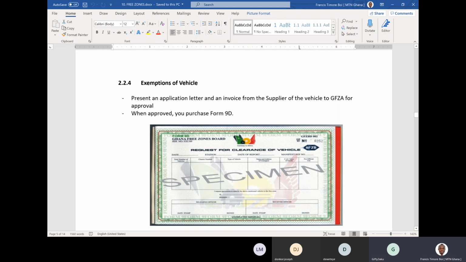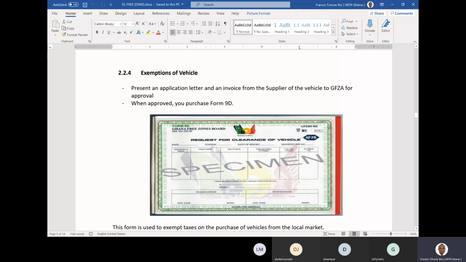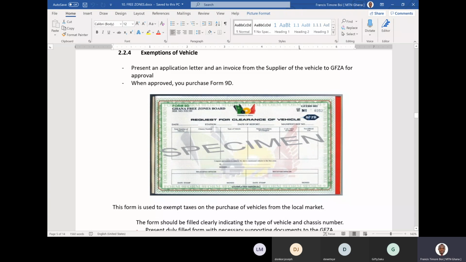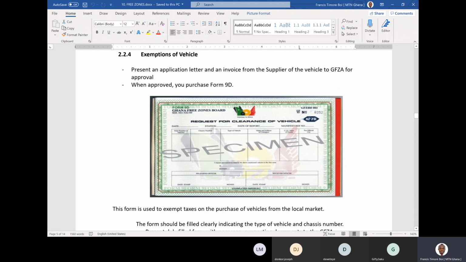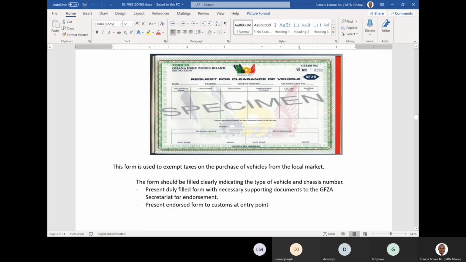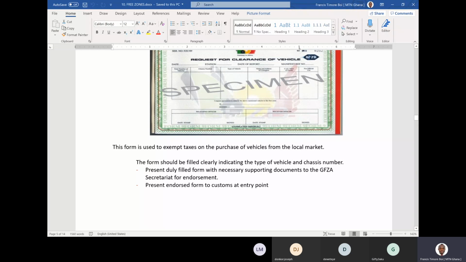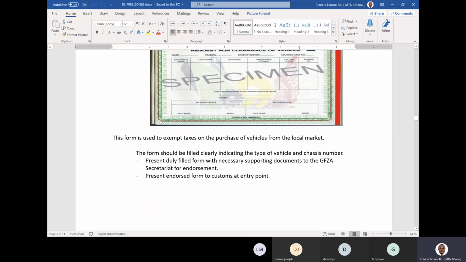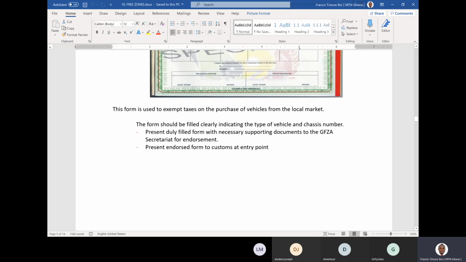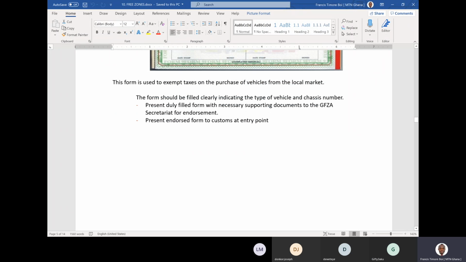And then exemptions for vehicles. If they are importing vehicles, you purchase the Form 9D. So the form is filled. You indicate the vehicle and the chassis number. You present it to the Free Zone Secretariat for endorsement. Then you send it back to the customs point of entry.